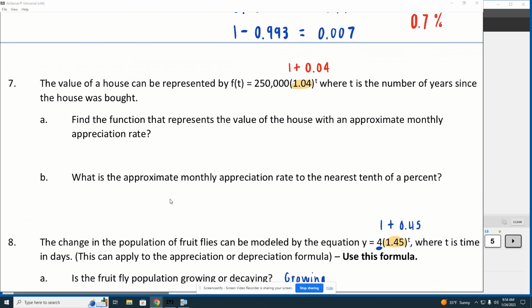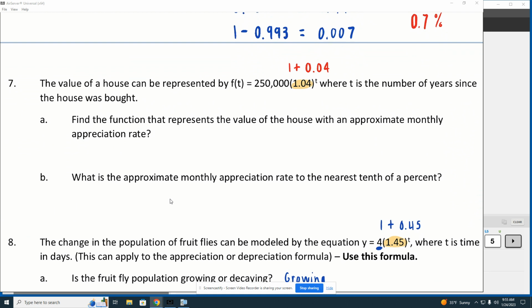So my yearly interest rate was what? My yearly. 0.04 is the decimal. So what is that as a percentage? My yearly was 4%.